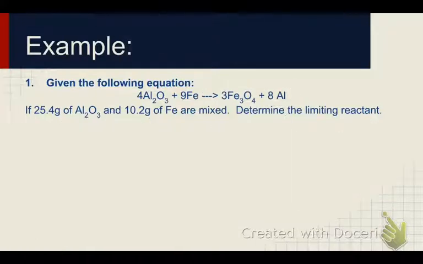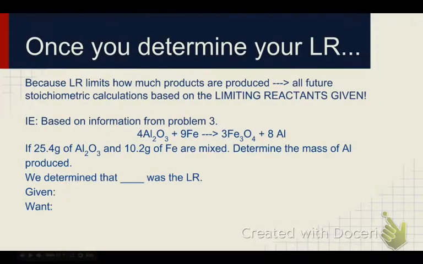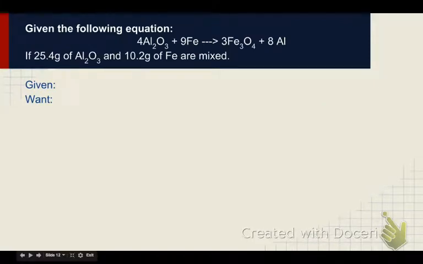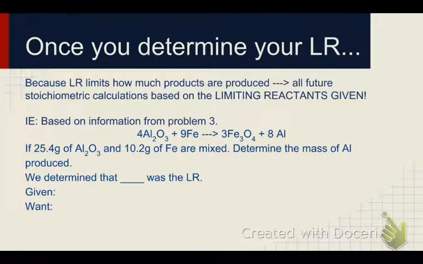Alright, the last thing that I want to talk about real quick is that now that we know that our limiting reactant is Fe, that means that for all my calculations now, my given is going to be the 10.2. I can essentially ignore the 25.4 grams of aluminum oxide.